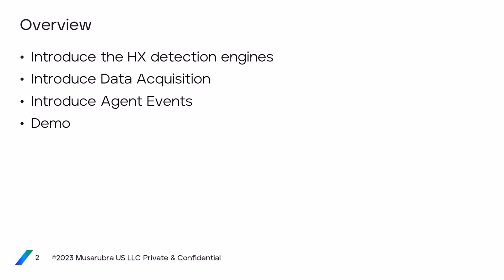Next, we're going to go over how to perform a data acquisition using the HX, or more specifically, how do we get that data that we actually want to look at? And then after understanding the basics, we'll talk about those agent events, what they do, what their purpose is, and of course, we'll kick things off with a brief demo.